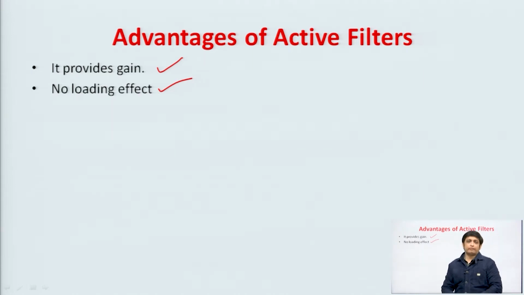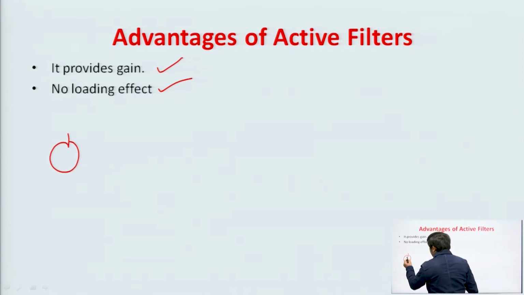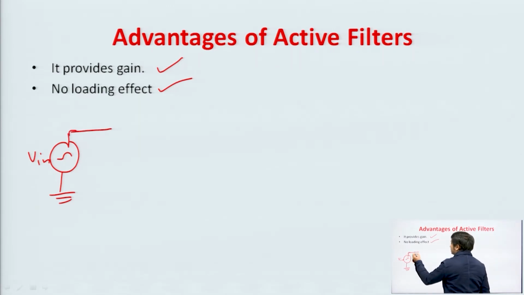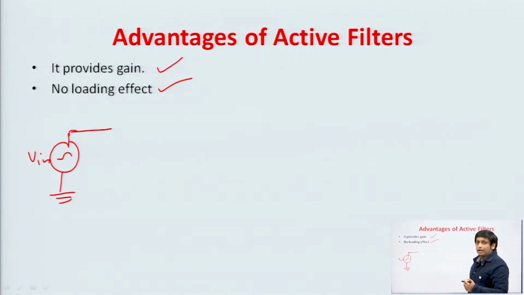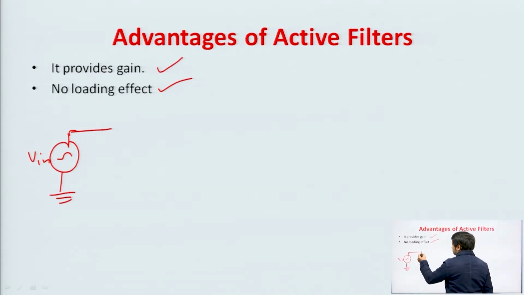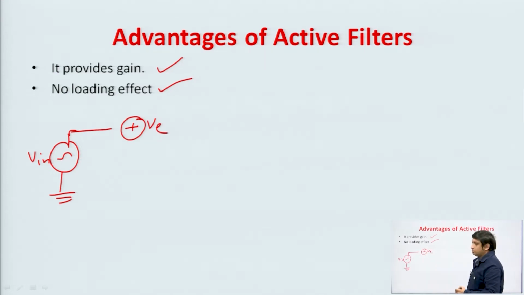There is no loading effect, the reason is that when we apply the input signal Vin to the active filter, we normally apply this Vin at the positive input terminal of the op amp.